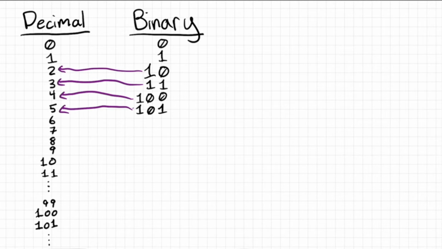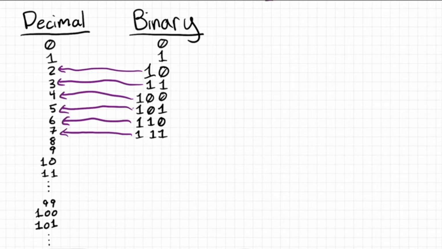And I've run out of digits here, so just as if I had gone from 109 to 110, I'm going to increment this one and then reset this one. So let's do that. We go to 1, 1, 0, which is going to represent 6. And then we have 1, 1, 1, which would represent 7.